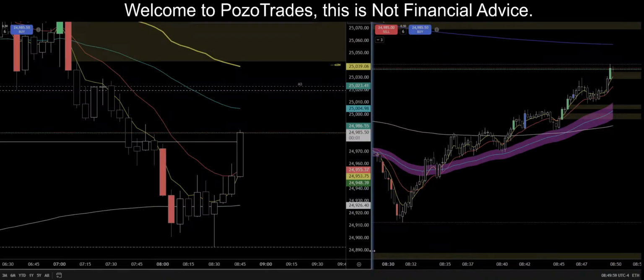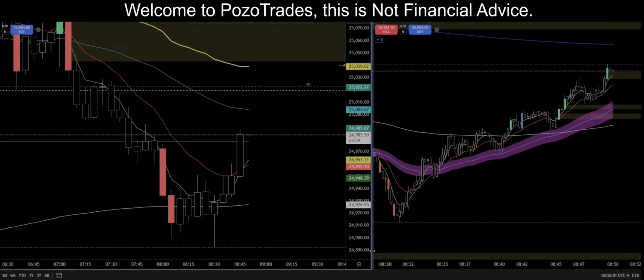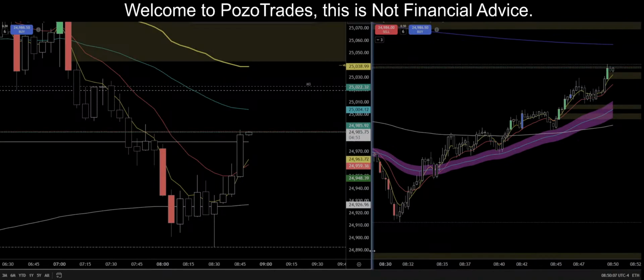I typically don't like to trade this time. Usually about 7:45, 7:50 is my last trade until later during New York.